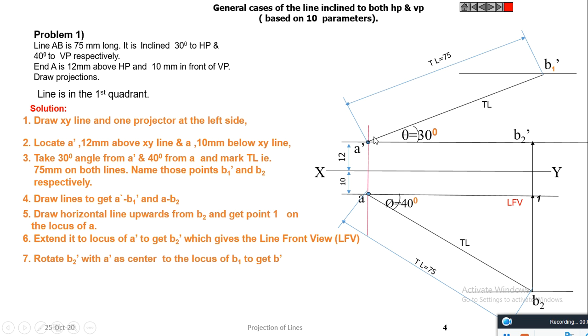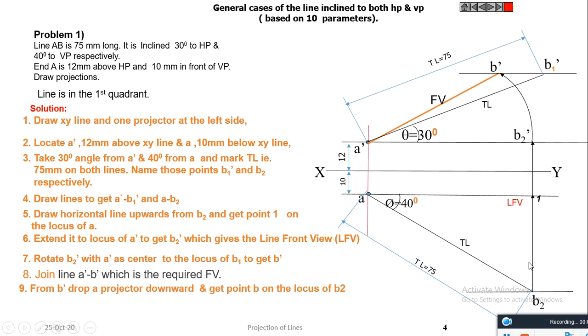Rotate A dash B2 dash to cut the locus of B1 dash at B dash. Join A dash B dash, which is the required front view. Drop a line from B dash downwards to cut the locus of B2 at B, which is the top view of B dash. Join AB, which is the required top view.